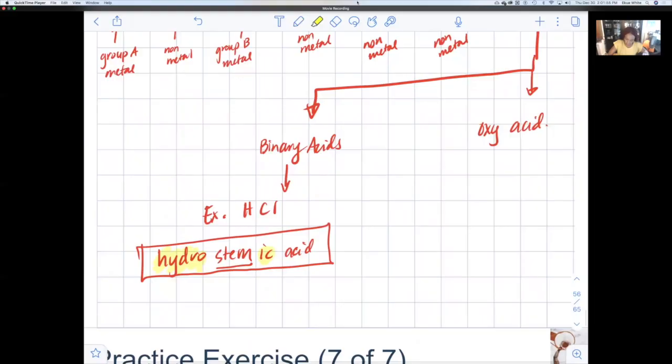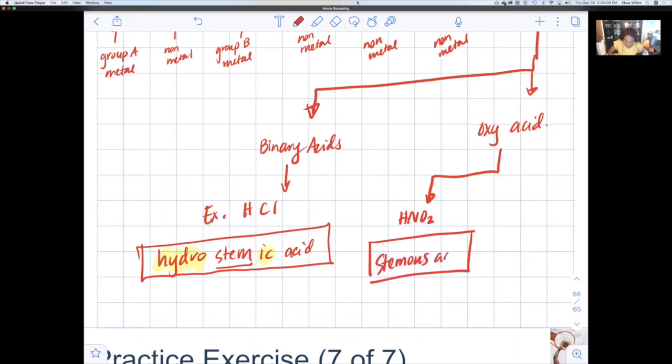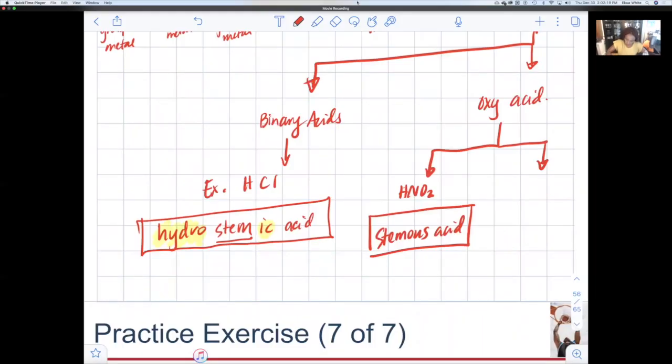Now with the oxy acids, we have two options here. You have HNO2. So this is going to be stem us acid. I need more room.